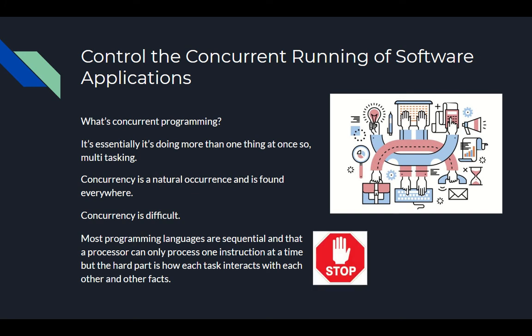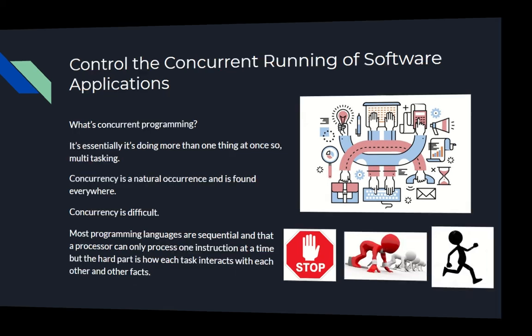To control the concurrency of software applications, things such as multiprocessors are used, and multitasking, which consists of 3 states: blocked, ready, and running, is available. There are also application-based solutions that let the software take control of how it interacts.